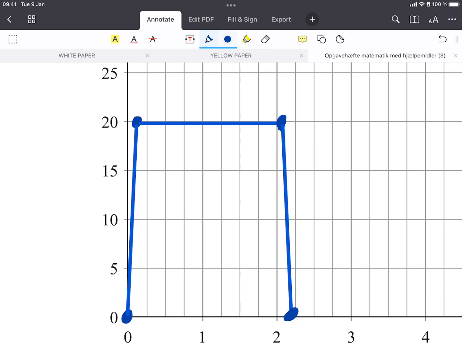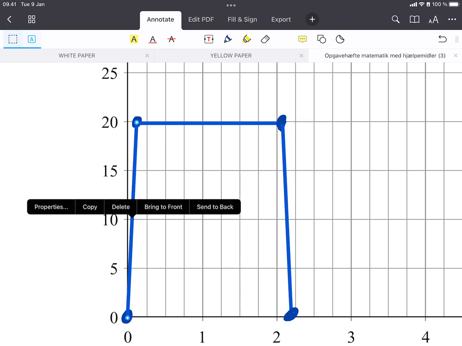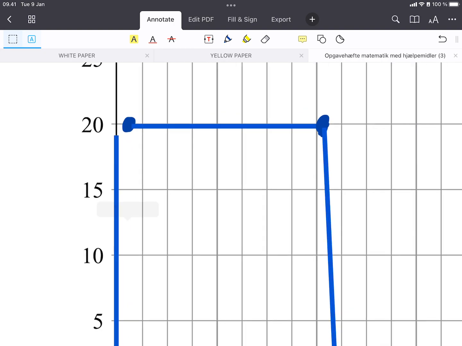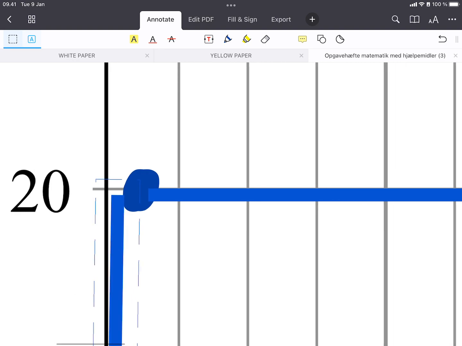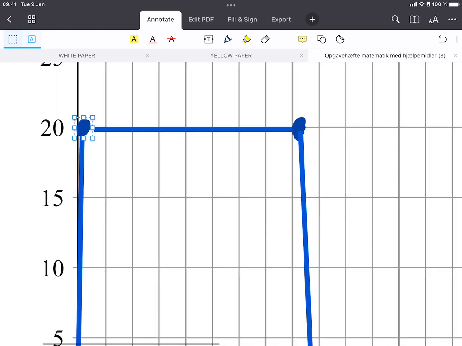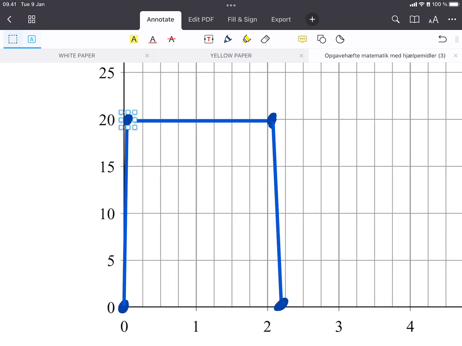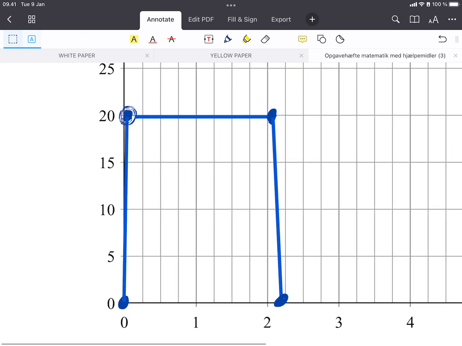So really I ought to have that much sharper there. So maybe more like that. And then that one.